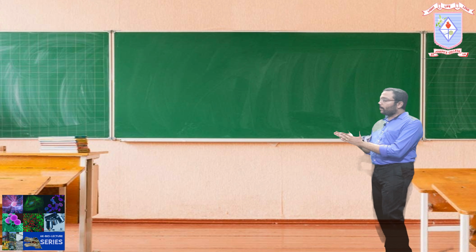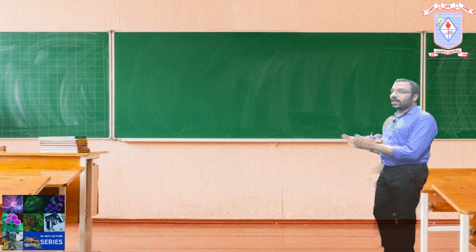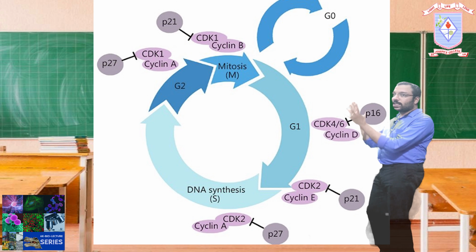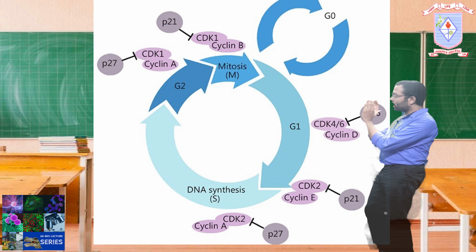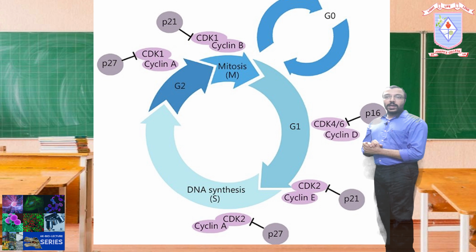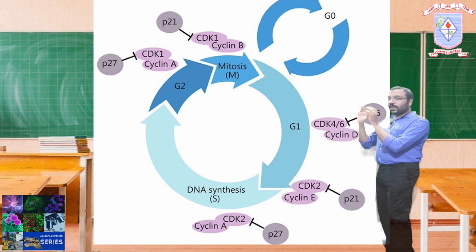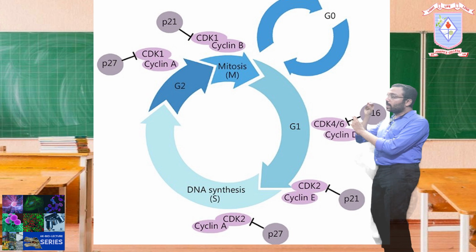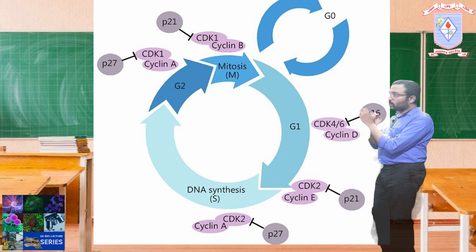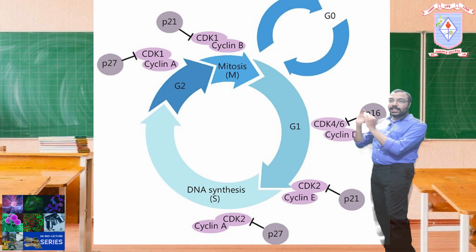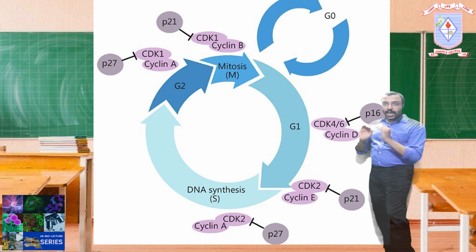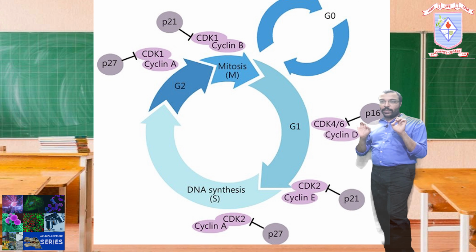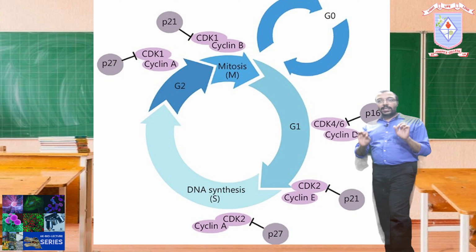You can see the picture representing different types of CDK inhibitors at each phase of the cell cycle. In this picture, you can see the names of different proteins that inhibit the different cyclins at different phases of the cell cycle. P16, P15, P18 and P19 are INK4 family proteins.